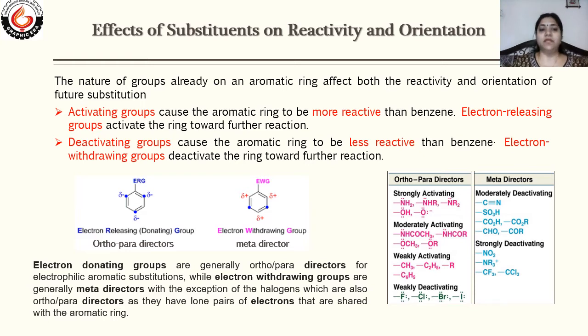That means in presence of activating group, the reaction is better. So these groups activate the aromatic ring for the electrophilic substitution reaction, and these groups are electron releasing groups. Usually electron releasing groups activate the ring toward the further reaction.